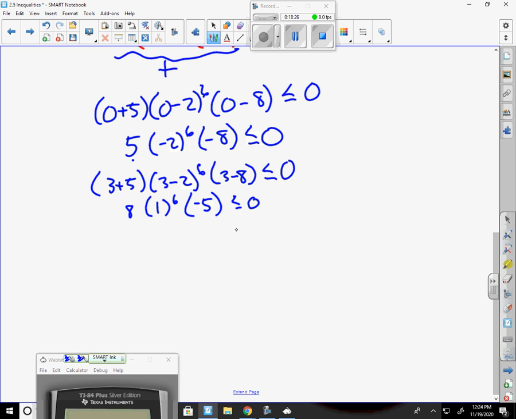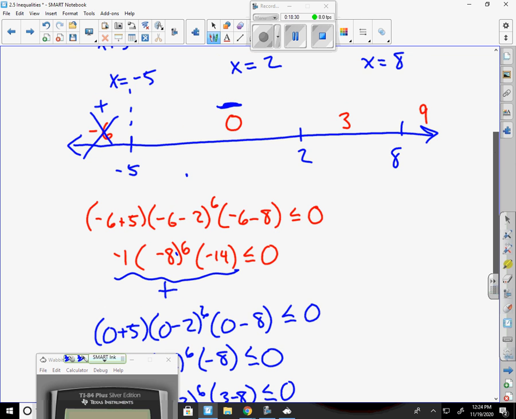It makes this negative. Then plug 9 in. 9 plus 5 times 9 minus 2 to the 6th times 9 minus 8.